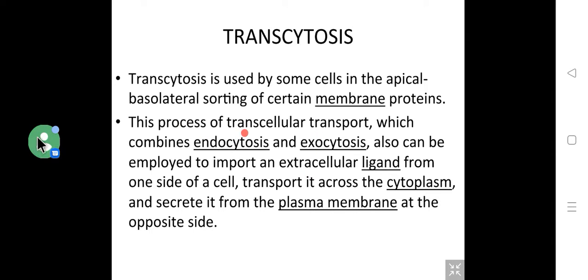So this process of transcellular transport, which combines endocytosis and exocytosis, can be employed to import extracellular ligand from one side of the cell and transport it across the cytoplasm and secrete it from the plasma membrane at the opposite side.